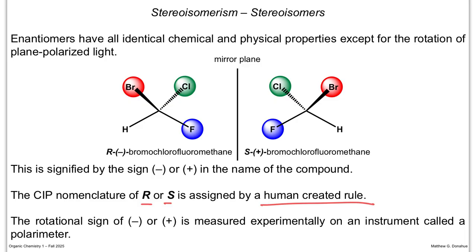So say the optical rotation was like 56. The R would be negative 56, and the S would be positive 56. The sign is what changes. The magnitude is the same.